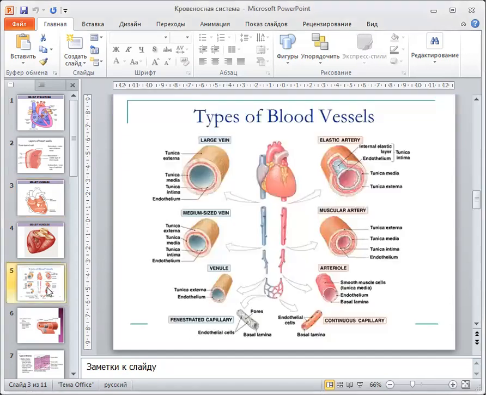The blood vessels. All blood vessels are divided into the conductive vessels, which are ways of moving blood. These include aorta, pulmonary trunk, hollow vein, and the pulmonary vein, and include vessels which nourish.